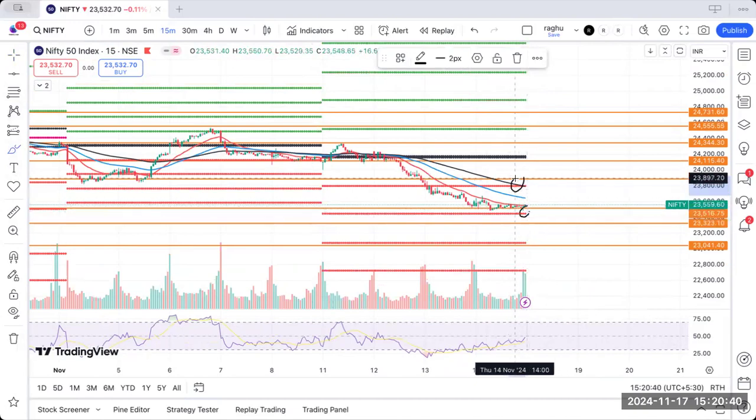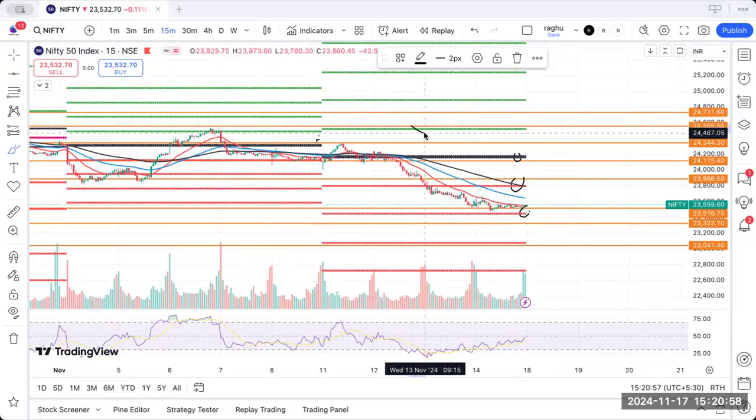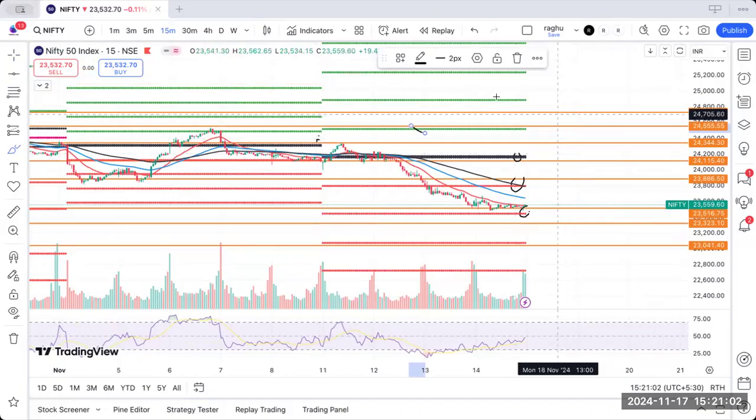The third one is right. The fourth one we marked is somewhere here, because the zone is different because of yesterday's CPR. The fifth level is right. And for the sixth, there is no further level because we were okay with trading in this range.